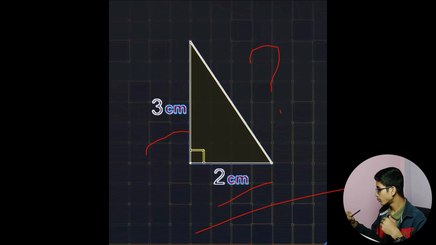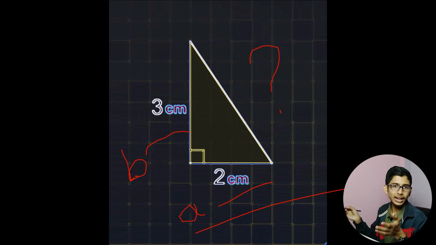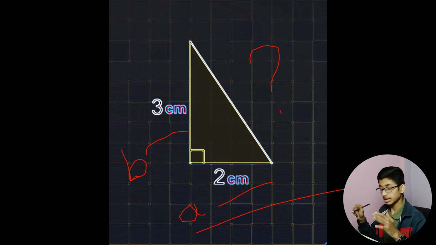So, if we name these legs A and this B, it doesn't matter who is A or B. You can name them according to your wish.